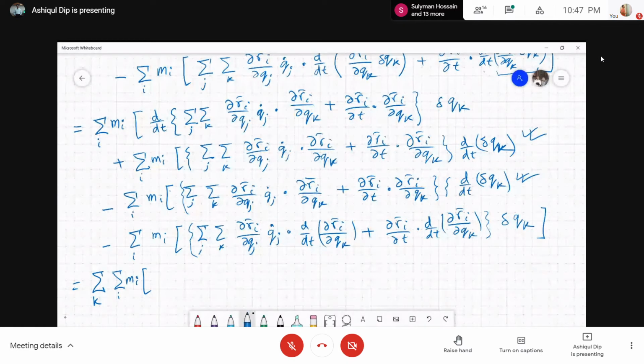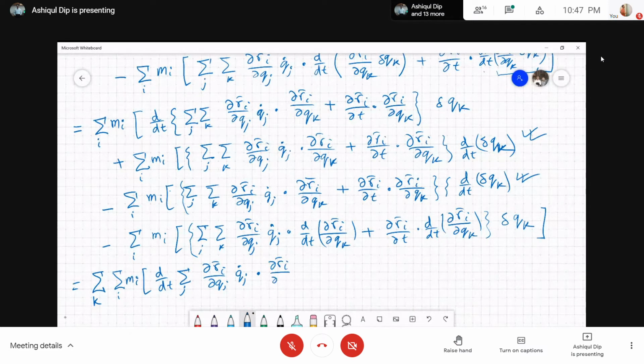Okay, so ddt of sum over j, these two terms, so delta ri by delta qj dot delta ri by delta qk plus delta ri by delta t dot delta ri by delta qk.